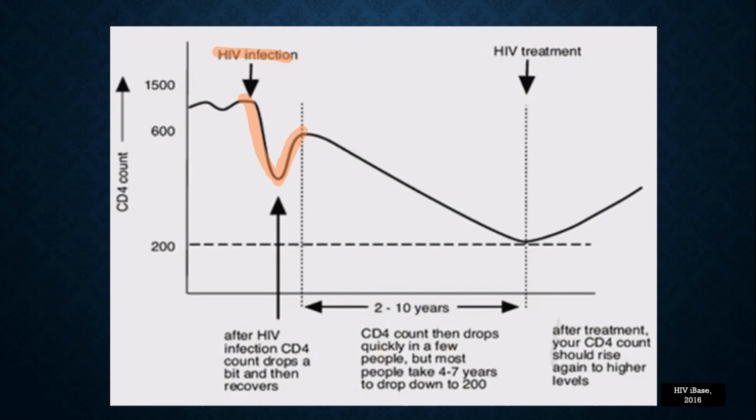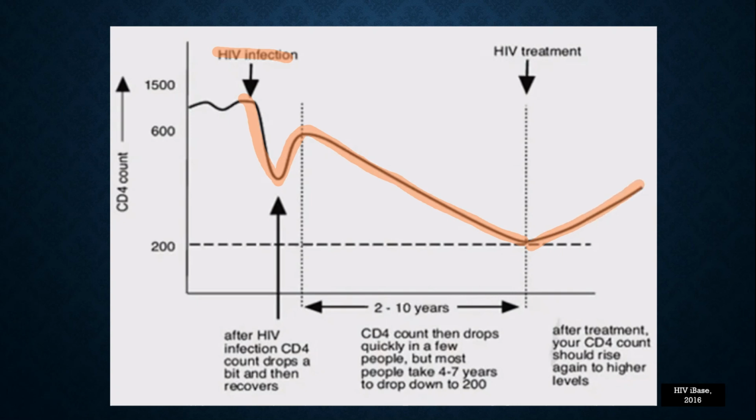So here we have an increased CD4, but this is temporary. Then from 2 years to 10 years, the CD4 number will gradually decrease to less than 500. We need HIV treatment, and when you use it, the CD4 will rise again.